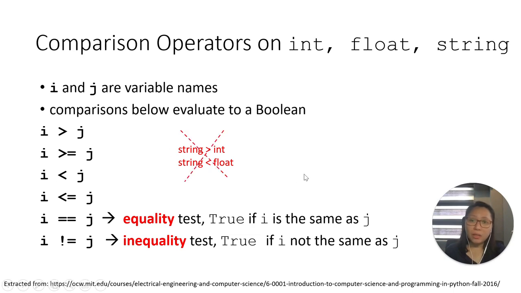However, we cannot compare string and int, or string and float. So these are the comparison operators, and these are often called relational operators.